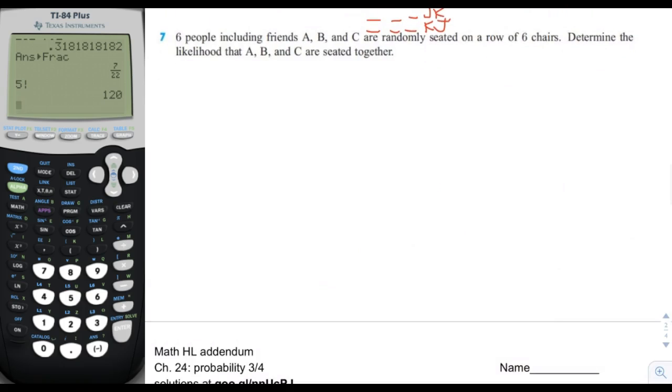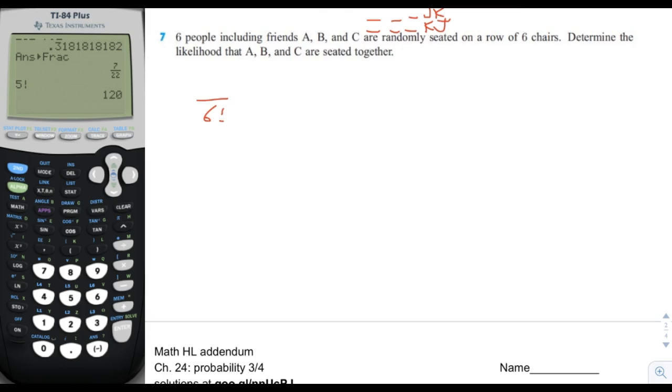Number 7. 6 people, including friends A, B, C, are randomly seated on a row of 6 chairs. Determine the likelihood that A, B, C are seated together. So, how many different ways are there to arrange 6 people in 6 chairs? 6 factorial. So the denominator is 6 factorial, like before.